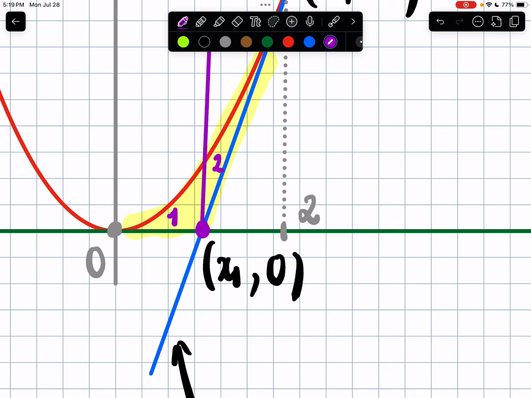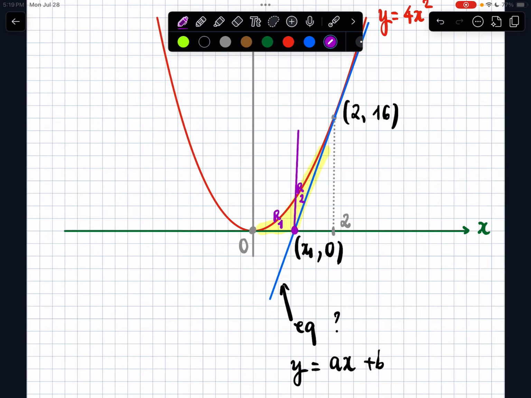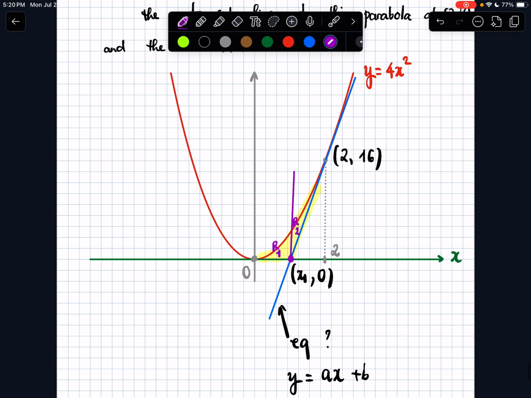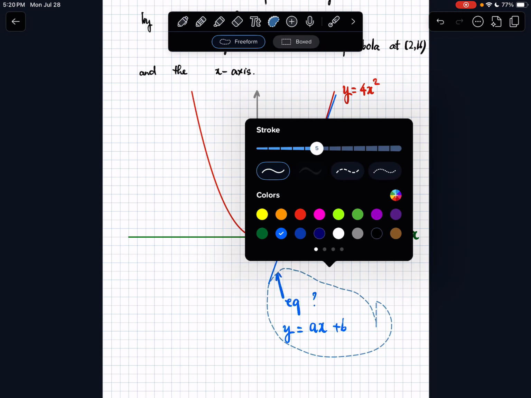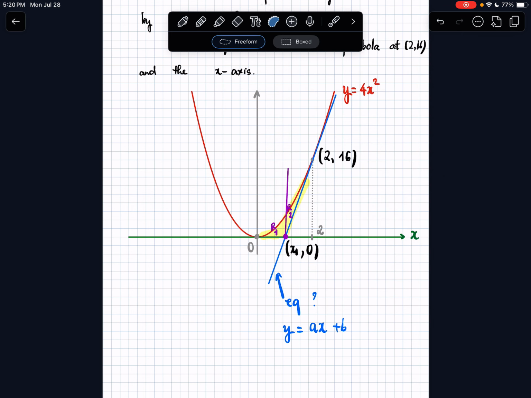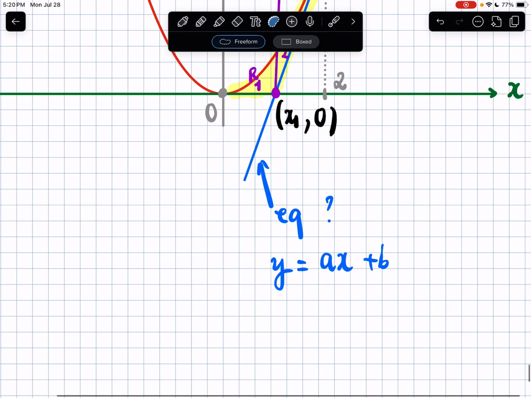Let's write these as R1 and R2 to differentiate from the number 2. Okay, let's compute that. First, we find the equation of the tangent line, y equals ax plus b, so we will find a and b. Second, we will find x1, which is the intersection point of this line and the x-axis. And then we compute the integrals.